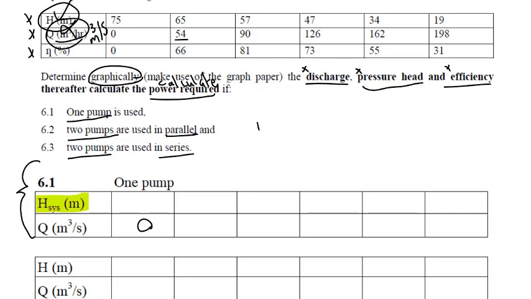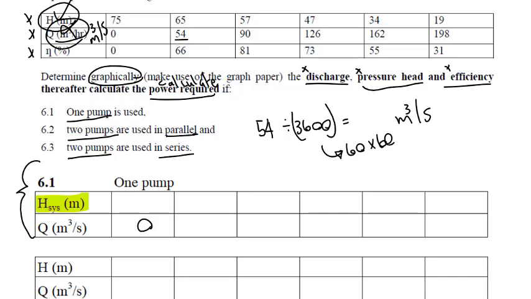We'll simply take the 54 divided by 3,600. Where does this come from? It comes from 60 seconds in a minute times 60 minutes in 1 hour. That's why we have 3,600, and that will give you the unit meters cubed per second.